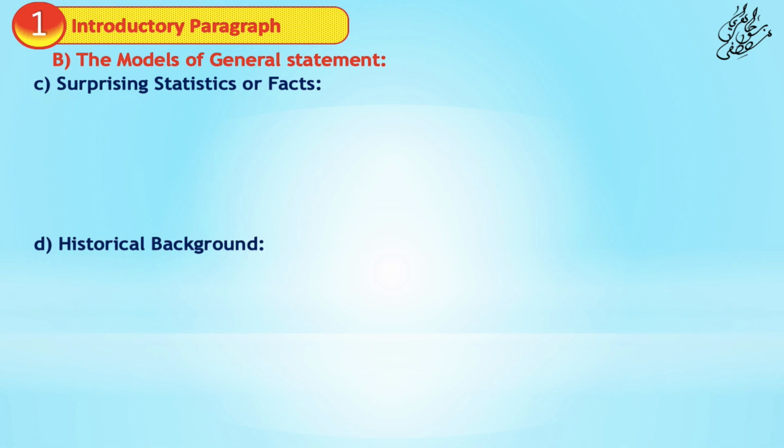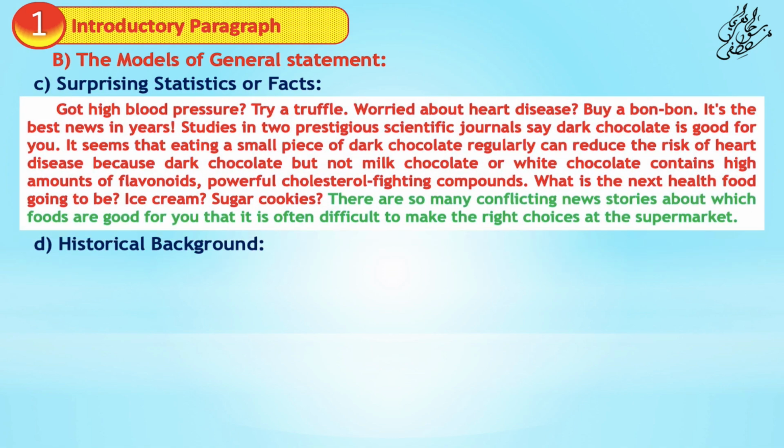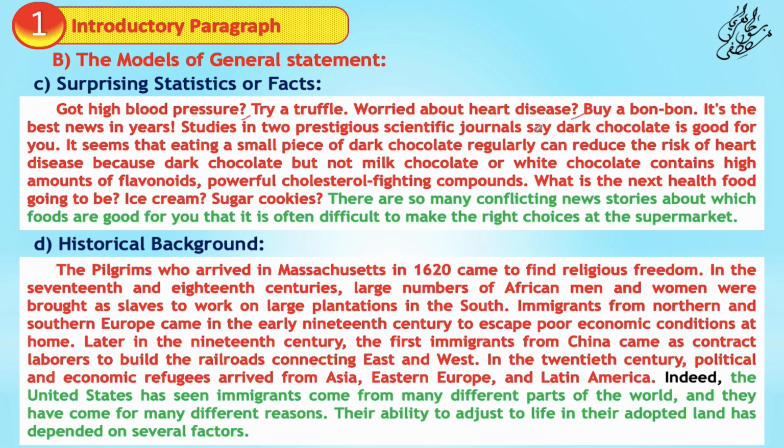Thirdly, surprising statistics or facts are used to provide an interesting opening statement, as shown in the example here. You may notice that there are some question marks, but they don't express questions. Rather, they express a need of the readers. The 4th one is to give historical background.